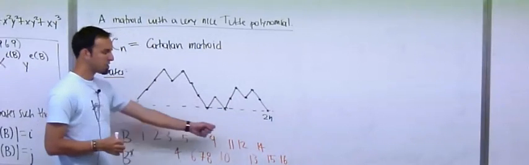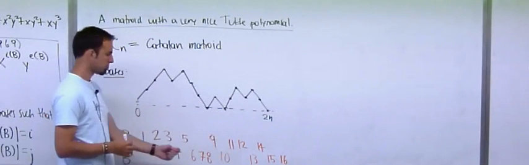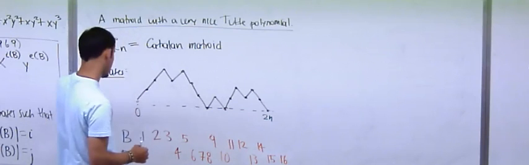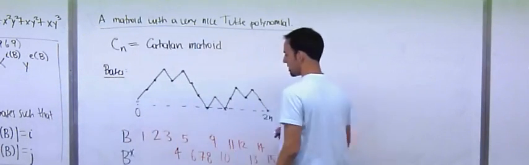This is a typical basis of the Catalan matroid, and this is a typical basis of the dual. Okay, so these are the bases.